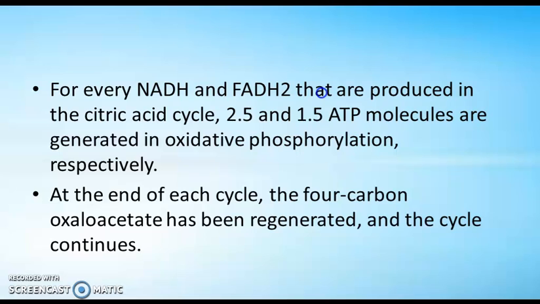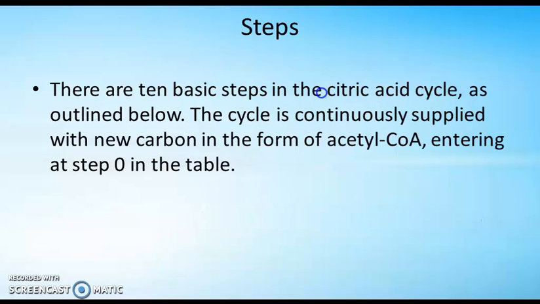At the end of each cycle, the 4-carbon oxaloacetate is regenerated. After combining acetyl-CoA with oxaloacetate, it is converted to citrate, isocitrate, alpha-ketoglutarate, and like that the cycle goes on. Finally, it regenerates oxaloacetate, and the cycle continues. That is the process of the Krebs cycle.